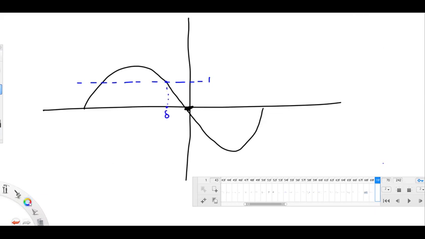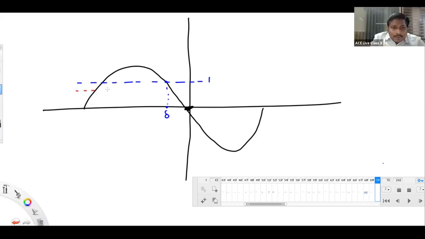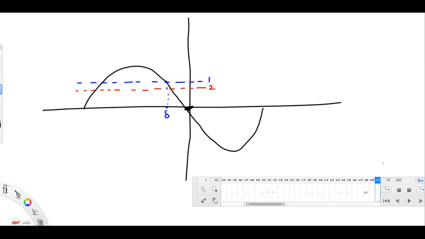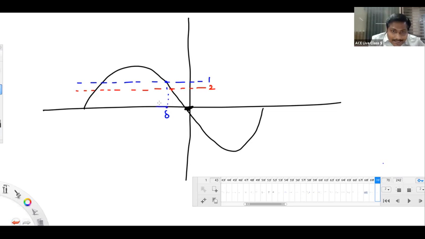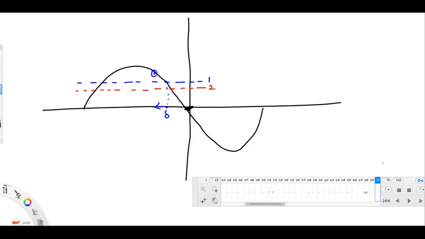Now you are decreasing the load, you are saying. Whenever you are decreasing your load, something like this, this is your new load point. But what is happening to delta? Delta is decreasing. If delta is decreasing like this, then your supply power is increasing.